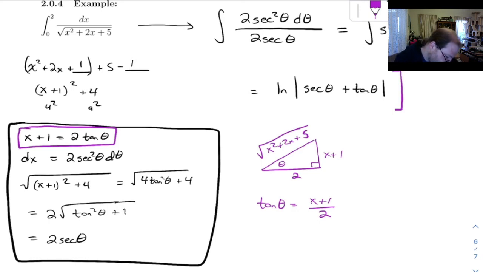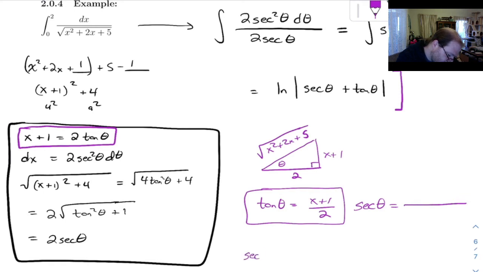So tan theta we already know. Secant theta we can read off of here. Remember secant is hypotenuse over adjacent. So hypotenuse is this big thing. Adjacent is 2.